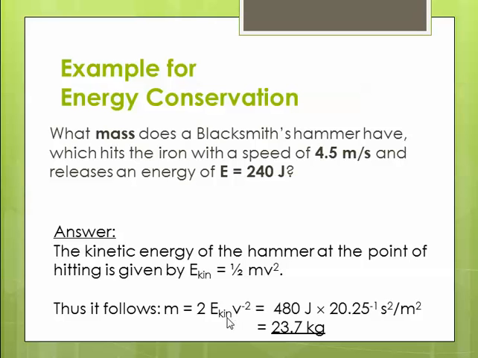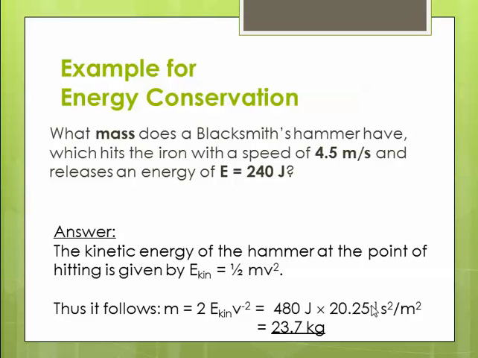So we assume that energy is fully transformed from kinetic energy to the release energy. So instead of Ekin, we can write 240 joules. 2 times 240 joules equals 480 joules. Now let's multiply 480 joules by 1 over v squared. Now v squared is 20.25 meters squared per second squared.